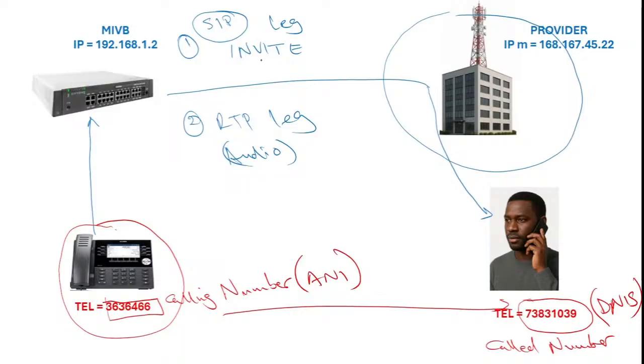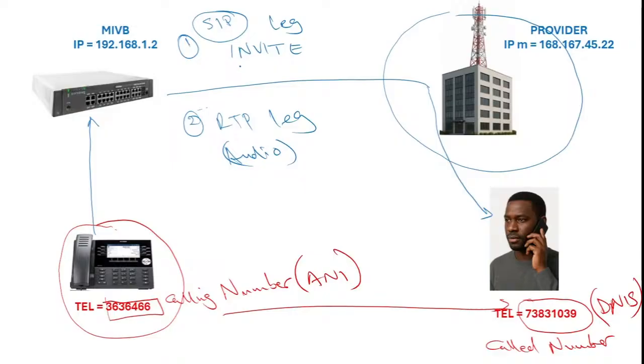The SIP leg is responsible for setting up the call and for tear down. So the SIP invite can be successful, and then the RTP leg can fail. When the RTP leg fails, this is when we are going to experience audio either one way or both ways. So let's look at this further.